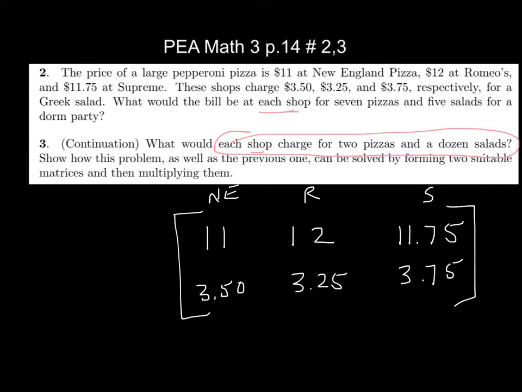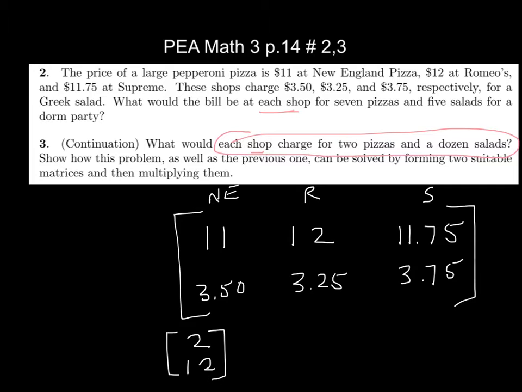If I were just to put, oh, I want 2 pizzas and a dozen salads, I would just write a little matrix like that. The problem is I want to multiply them together, because when I multiply those together, it just kind of distributes like we would do if we were to solve this problem without matrices. Like we're going to take the 2 times the 11, 2 times the 12, and so on.